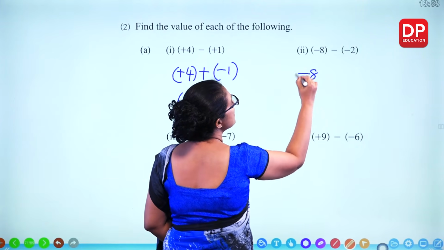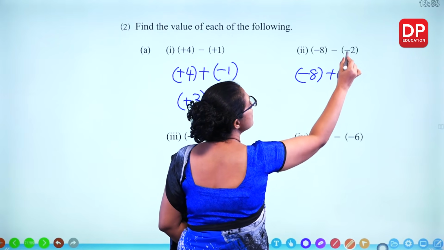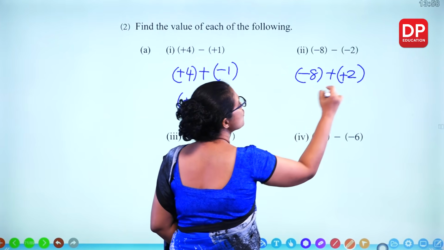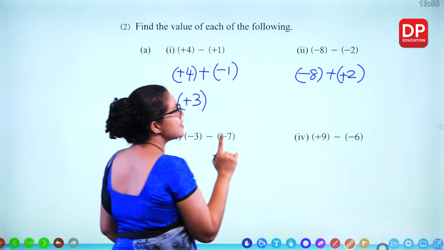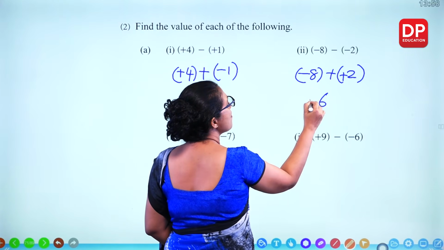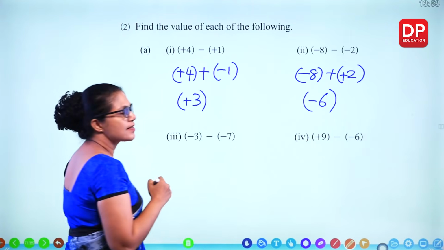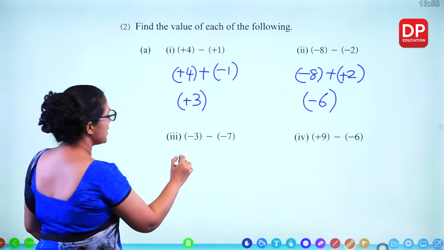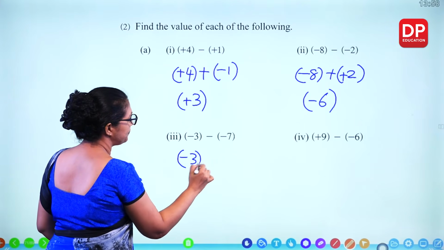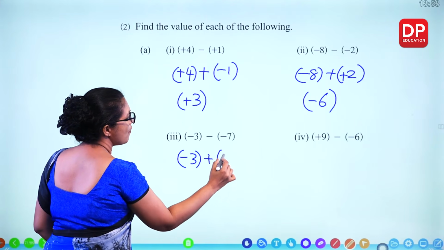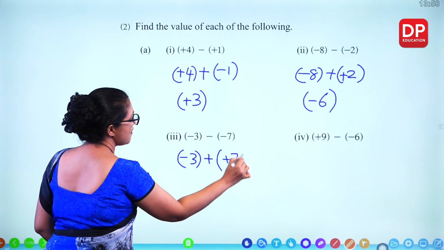Minus 8 plus additive inverse of minus 2, that's plus 2. Take the difference. 8 and 2 difference is 6. Bigger number is minus. Answer is minus 6. Convert to addition. Plus of additive inverse, that's plus 7.